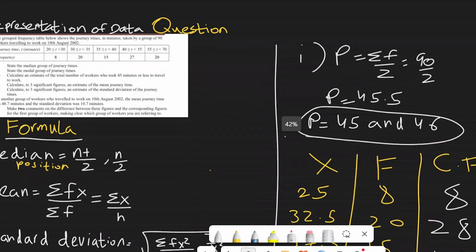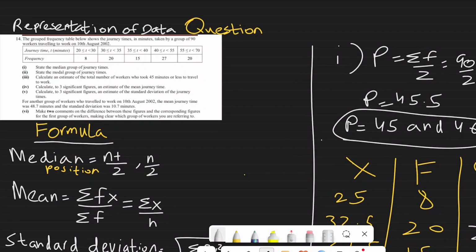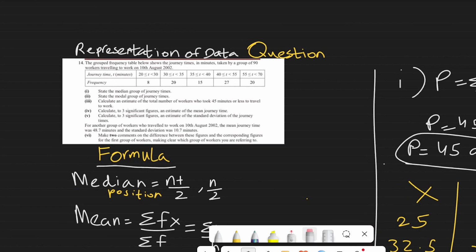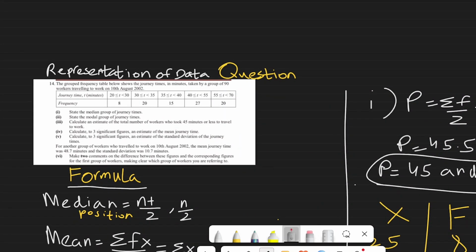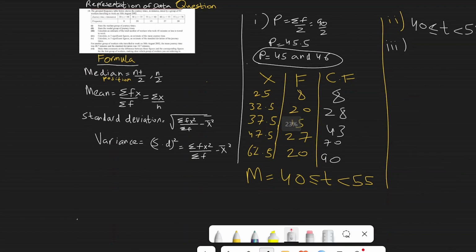The third part states: calculate an estimate of the total number of workers who took 45 minutes or less to travel to work. Okay, so 45 minutes or less. Over here, we have data till 40, right? That is this one. In our cumulative frequency table, we can see that till the 40 part, we have 43 people.